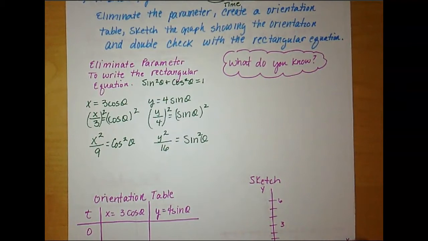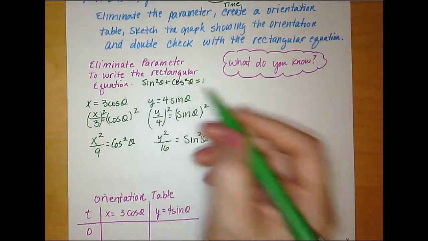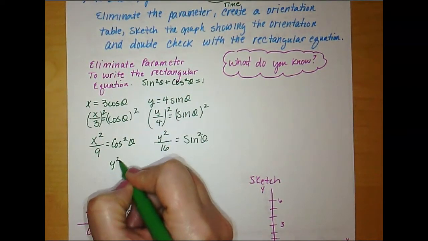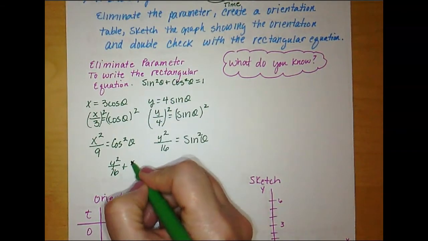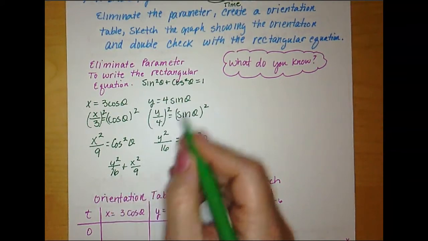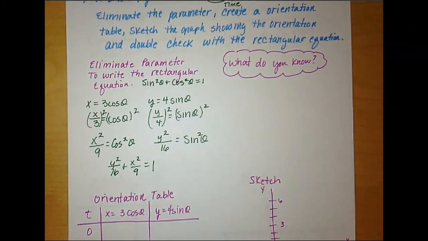So now I can make a substitution into my identity and get rid of all of the extra parameters in the problem. So this is sine squared, so I'm going to put y squared over 16 plus cosine squared, which is x squared over 9, and that equals 1.